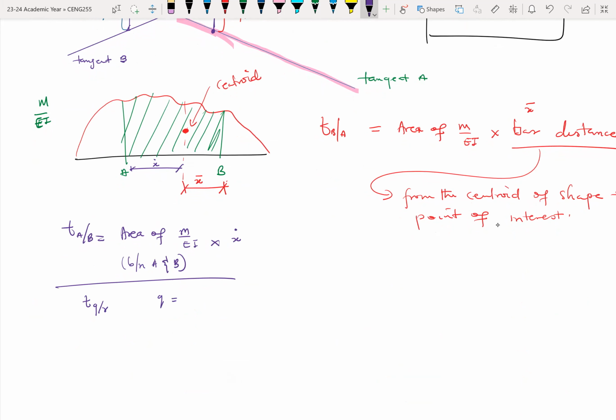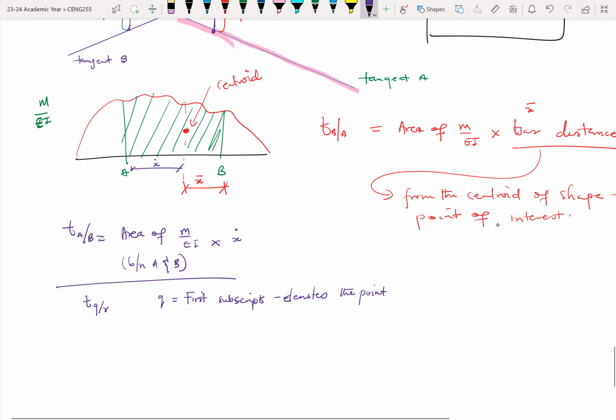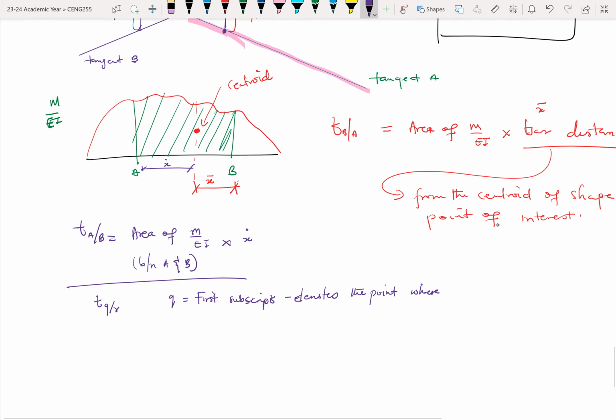Q is the first subscript, and this denotes the point where the deviation is determined.